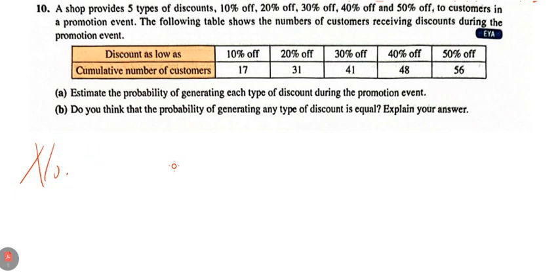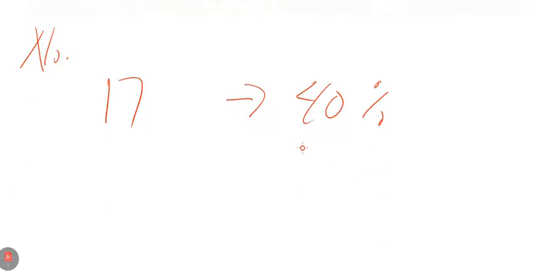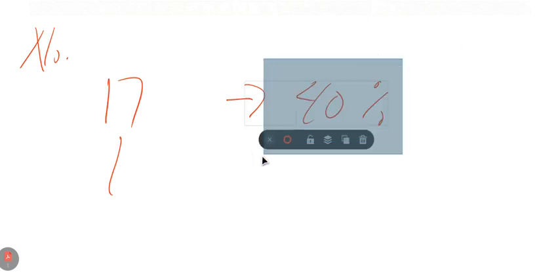Because the probabilities are not equal. Based on the individual frequencies we can see here, the 10% discount has 17, while the 40% discount has only 7.